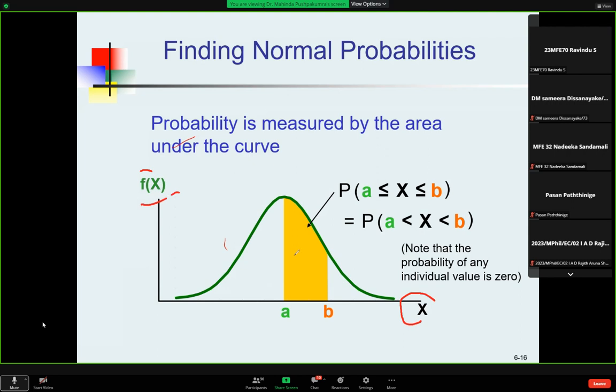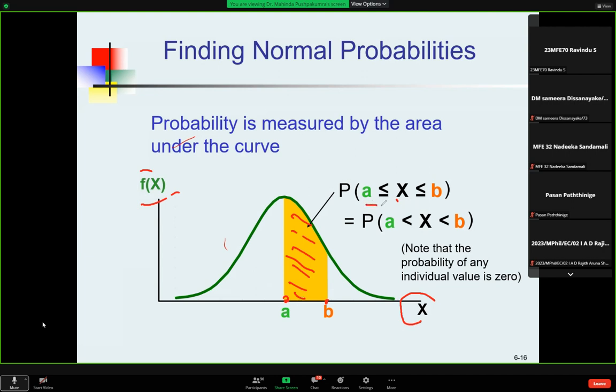Now let's say you want to see the probability that the value of X is greater than or equal to A and less than or equal to B. Then the probability is this shaded area.